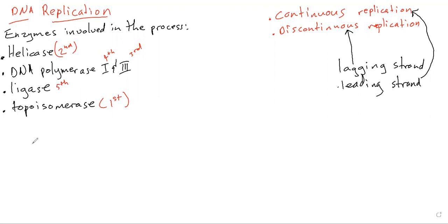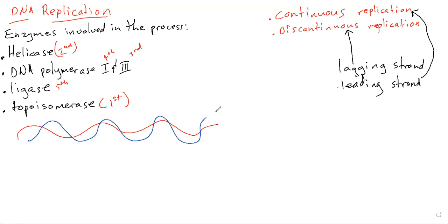All right, so let's look back again now at the DNA molecule. It's a double helix. The first thing that needs to happen is that the strands have to separate, as you know. The double helix is tightly coiled.